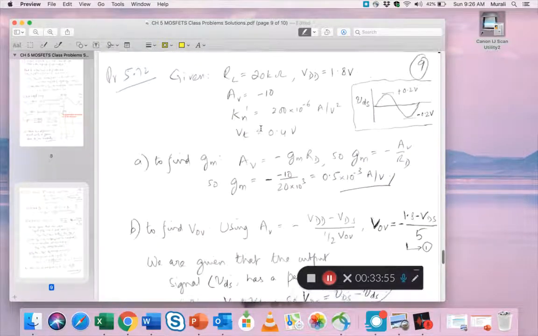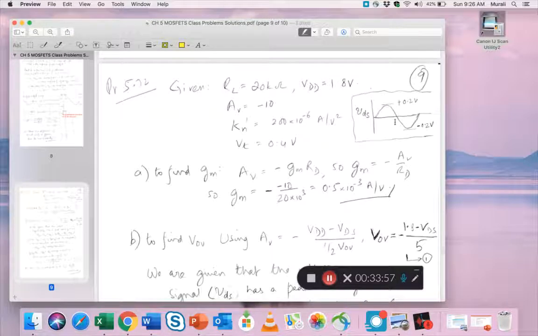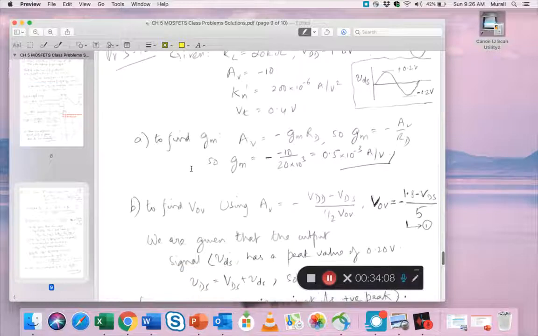Okay. So we are given that the drain-to-source or the output voltage signal must swing plus 0.2 and minus 0.2. First step, find gm, straightforward formula. We have gain is given as 10.